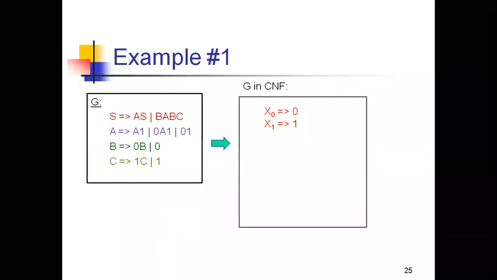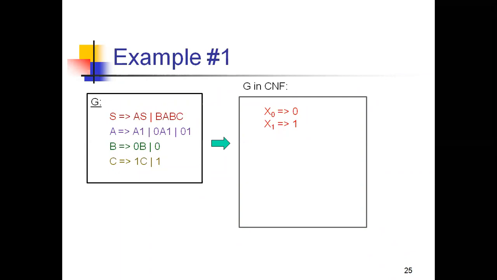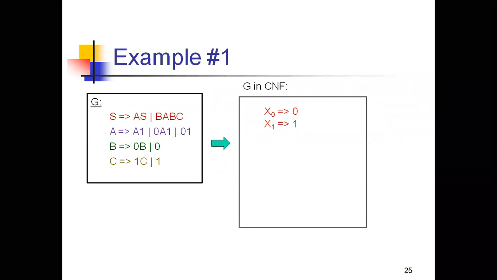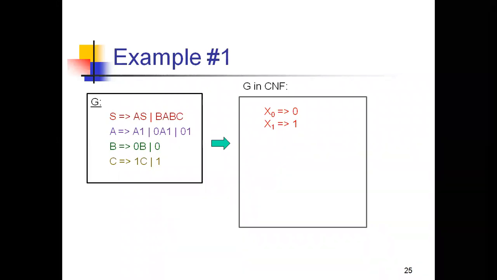A tends to A1 or 0A1 or 01, and A has three rules. B tends to 0B or 0, so B has two rules. C tends to 1C or 1. These are the rules we have in the given grammar.